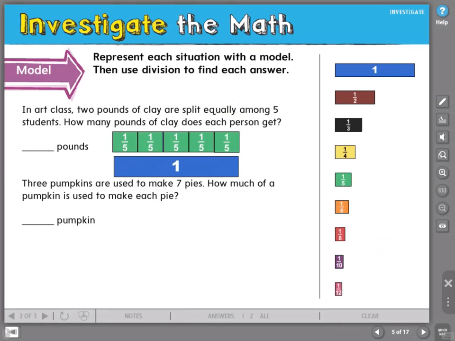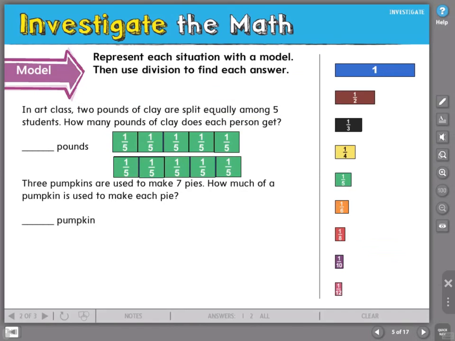So here is my same model, only this time I've taken my whole and chosen to represent it split into 5 pieces. When I have split a whole into 5 equal pieces, they are called fifths. Each one has the same value, 1/5 of my whole.